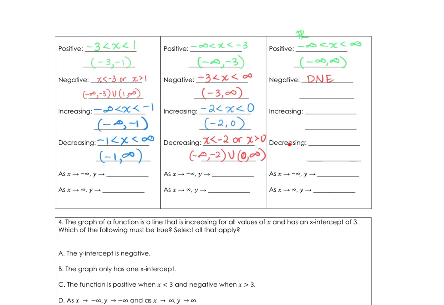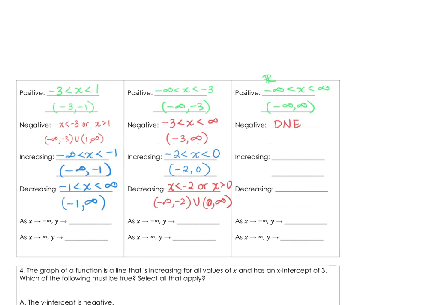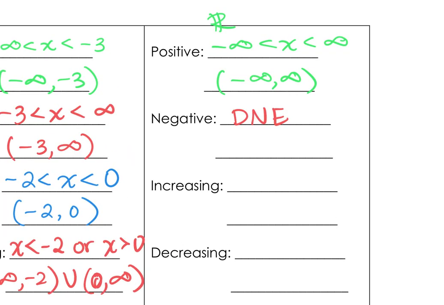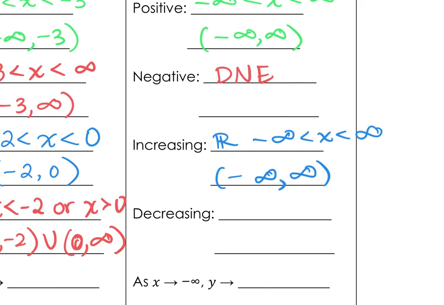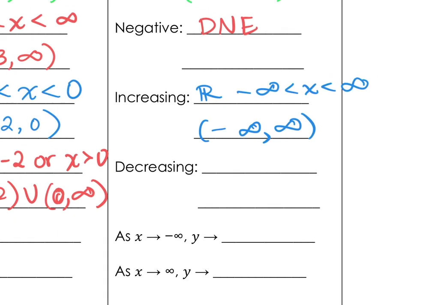Only has an increasing interval, and this would be very similar to where it's positive because it is increasing for all real numbers, all the way from negative infinity to positive infinity. And if it is always increasing, then a decreasing interval does not exist.